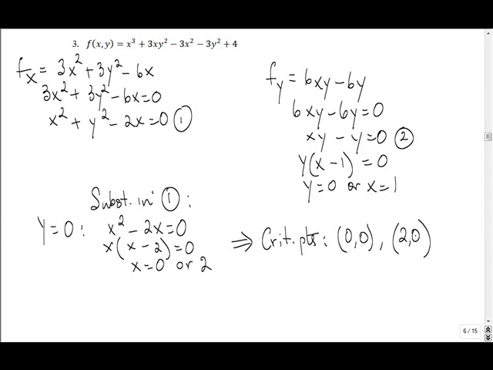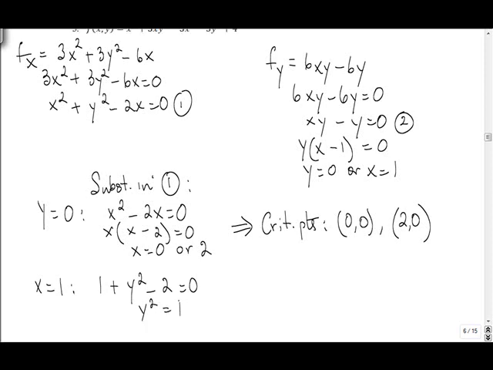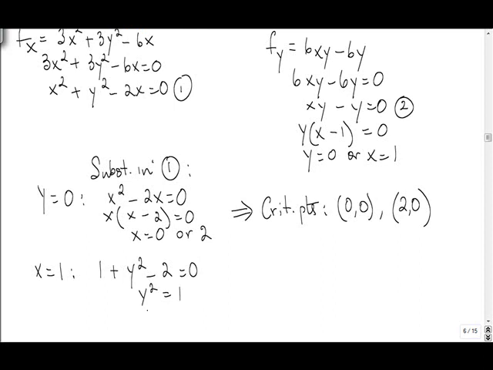Let's move on to x equals 1 now. Take x equals 1, put it in the first equation. 1 plus y squared minus 2 is 0. That tells me that y squared is 1. So y, when you find the square root, is plus or minus 1.